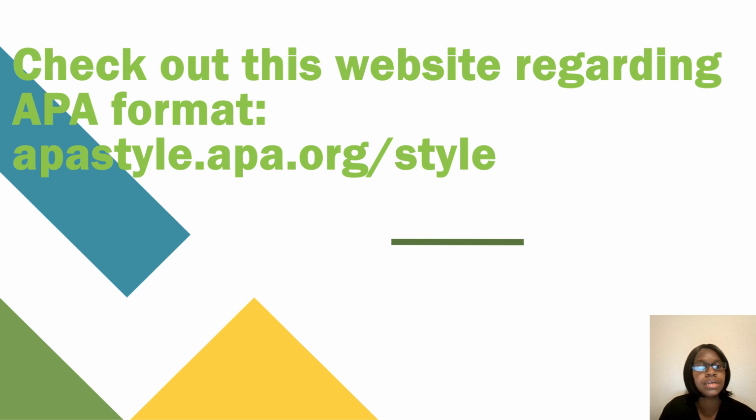And here you go, right here. It's apastyle.apa.org. So you just want to copy and paste this link into the website. It has a lot of information that you can follow on how to format your paper in APA style, especially if you are writing an essay or research paper. And if you are in college as well, you can use this.